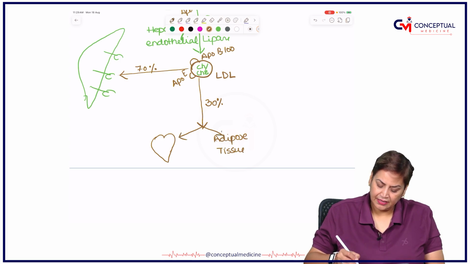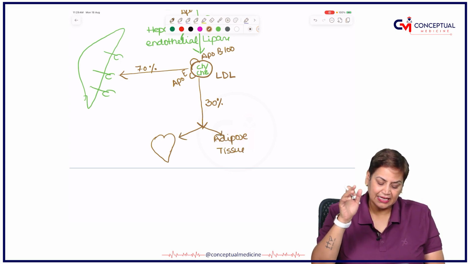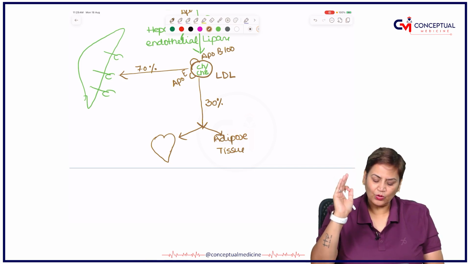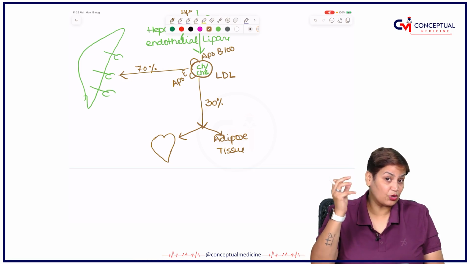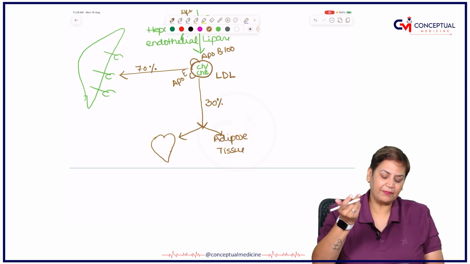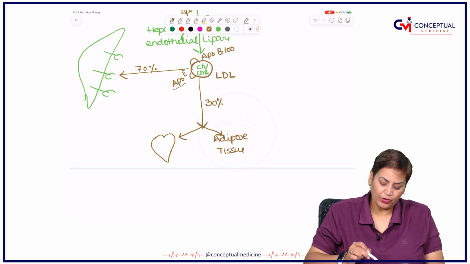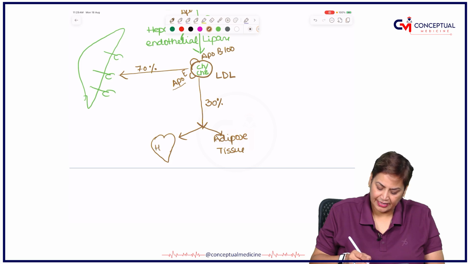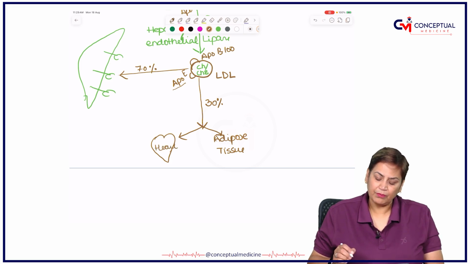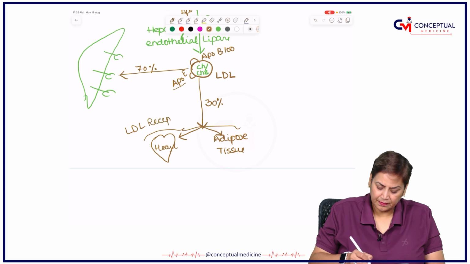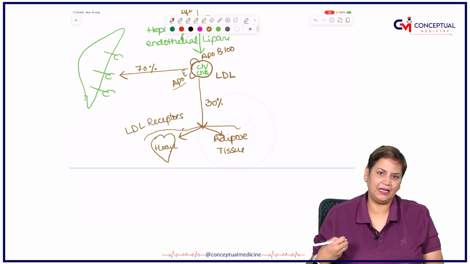So this LDL has cholesterol and cholesterol esters. 70%, still the majority portion of cholesterol and cholesterol esters, will be accepted by the liver through Apo E, and 30% will move to the heart and the adipose tissue because they have LDL receptors, meaning receptors to accept LDL.